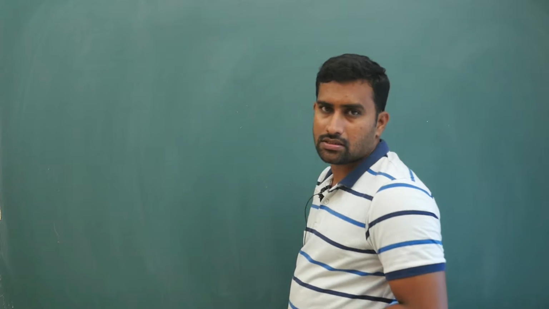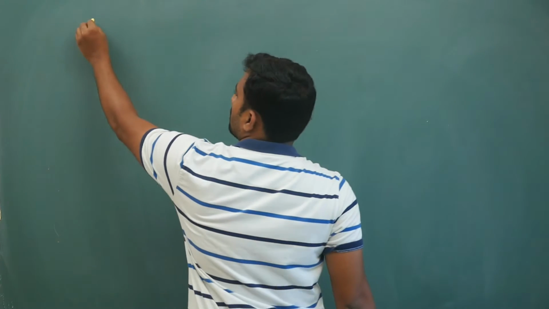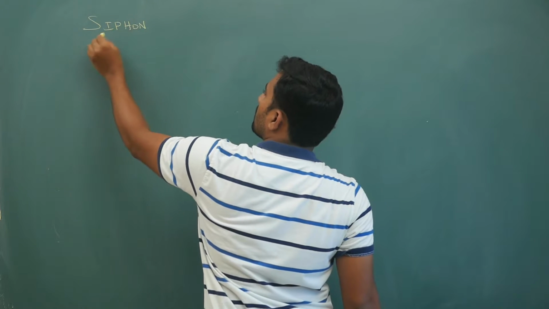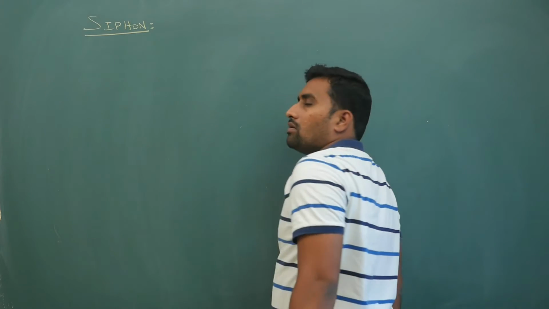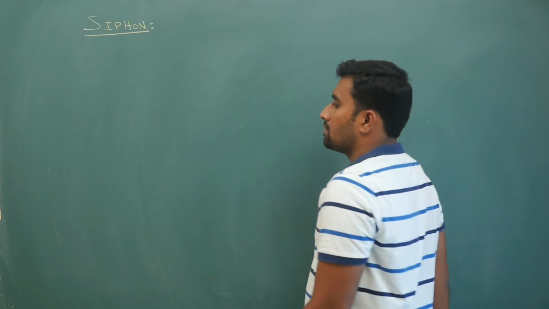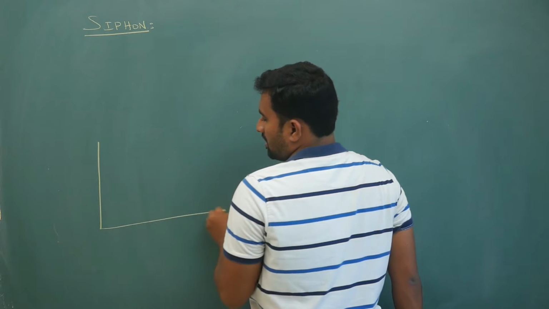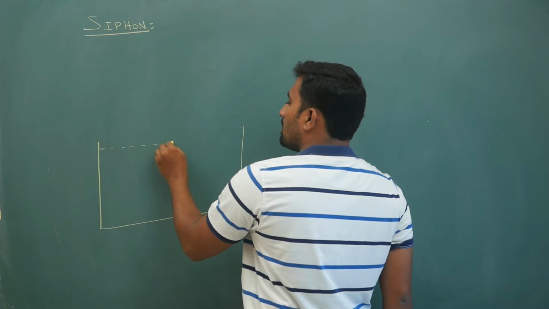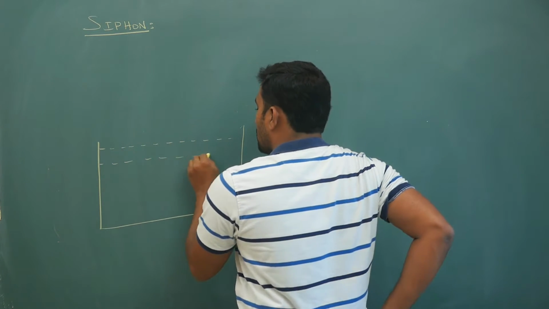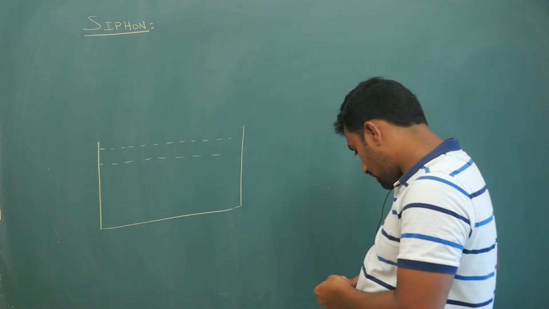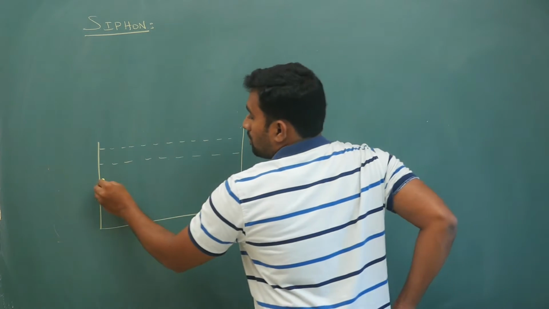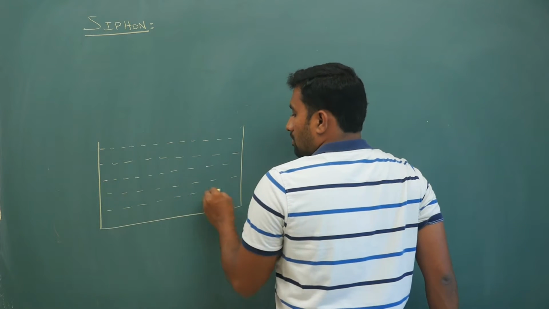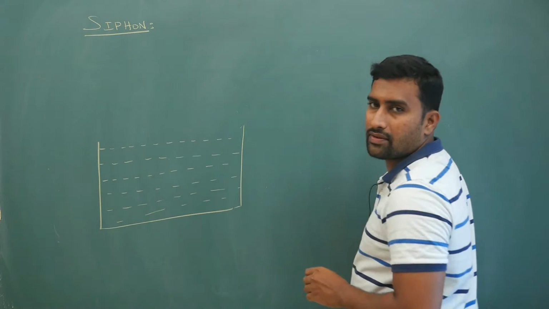Bernoulli's equation applications. In the applications part, the first thing I want to discuss is the siphon. What is a siphon? If you take a big container like this and fill some liquid into it, you have taken a container and filled it with liquid.